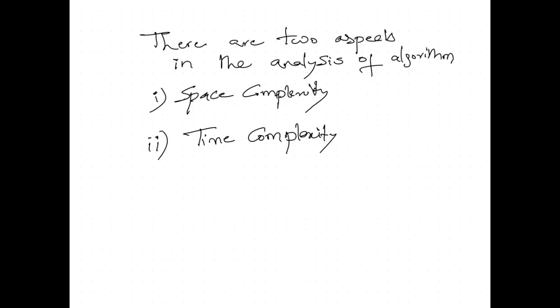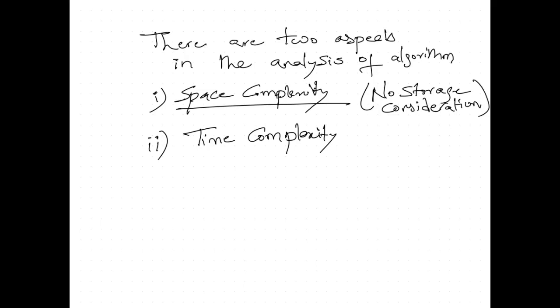Now this space complexity hasn't been given importance because there exists no strict storage considerations. We have a lot of memory nowadays, so there are no storage considerations, which we had at the earliest days of computer science.